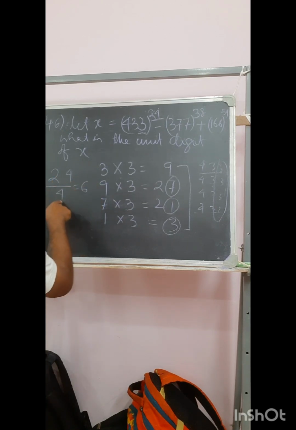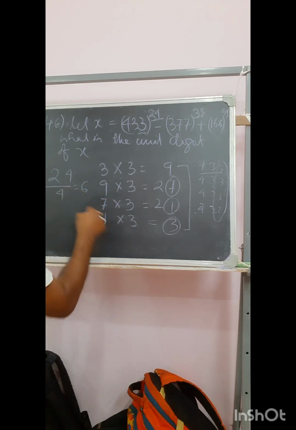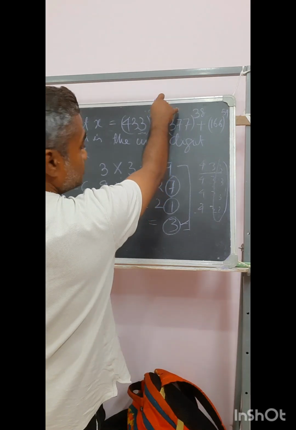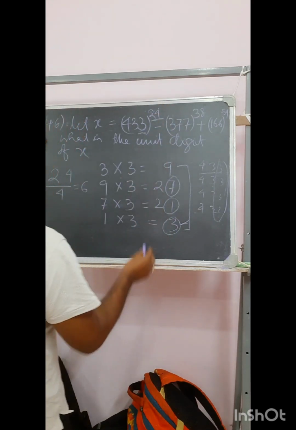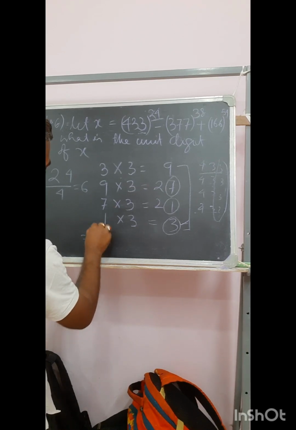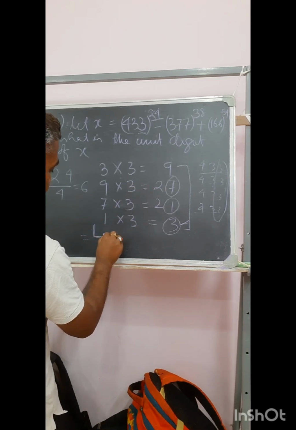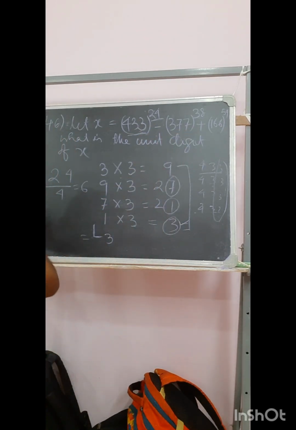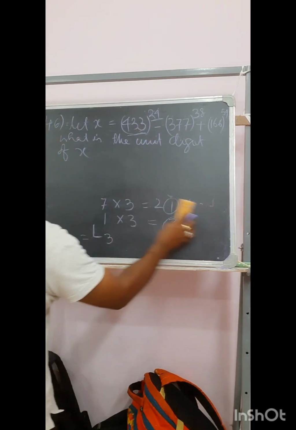Now see, 24 is perfectly divisible by 4 and there is no remainder. So I will get 3 at the end when 24 is consumed. So my last digit for this first term is 3. Similarly, let's see what we get for the others.